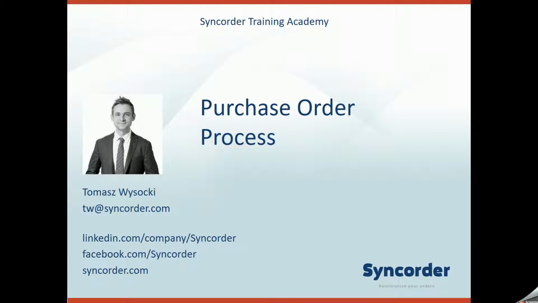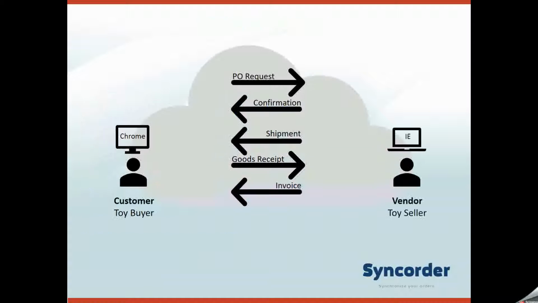My name is Tomasz Wysocki, and in this video I'm going to show you the full purchase order process in Syncorder standalone platform. I'm going to start off by logging on in Google Chrome as the customer, in this case toy buyer, and create a purchase order request to a vendor, in this case toy seller, who will be using Internet Explorer.